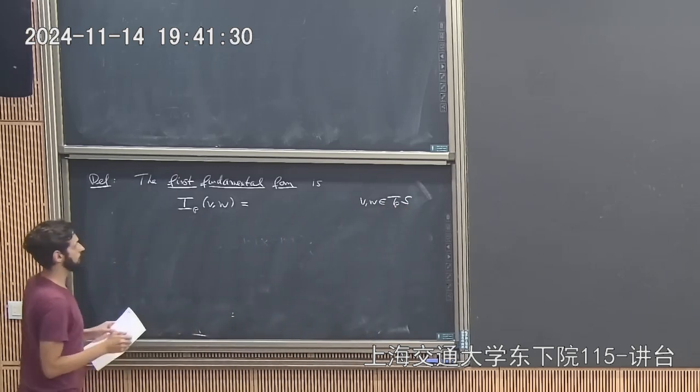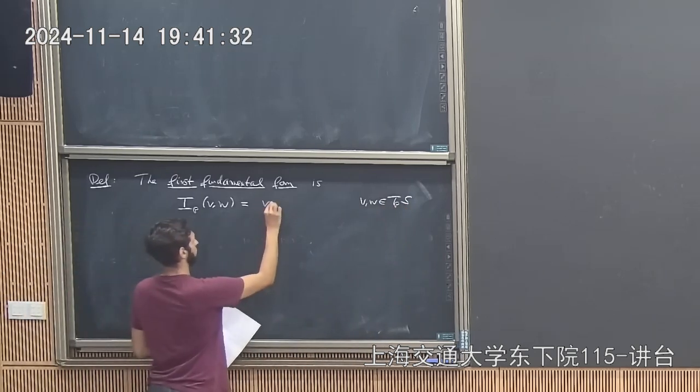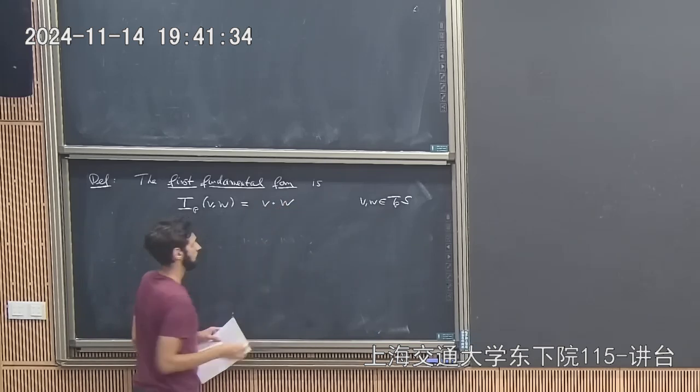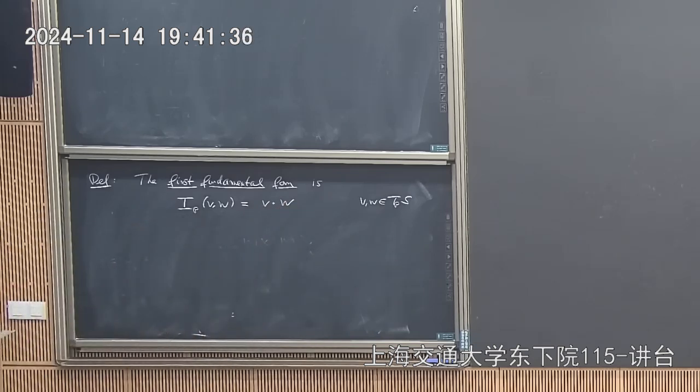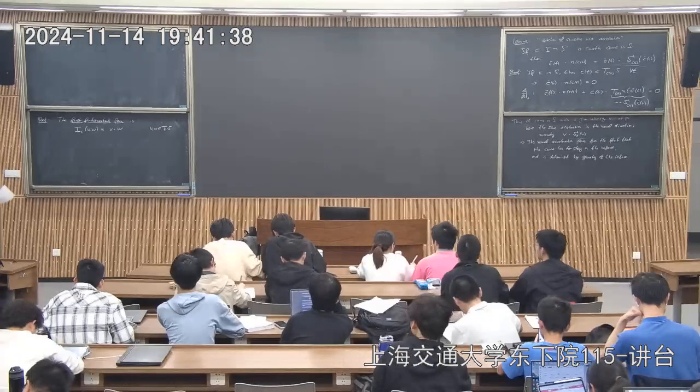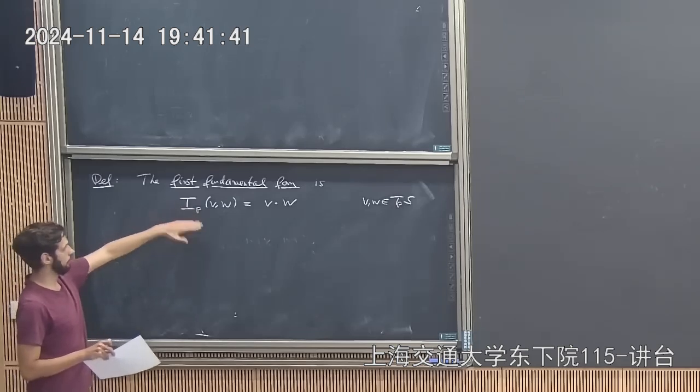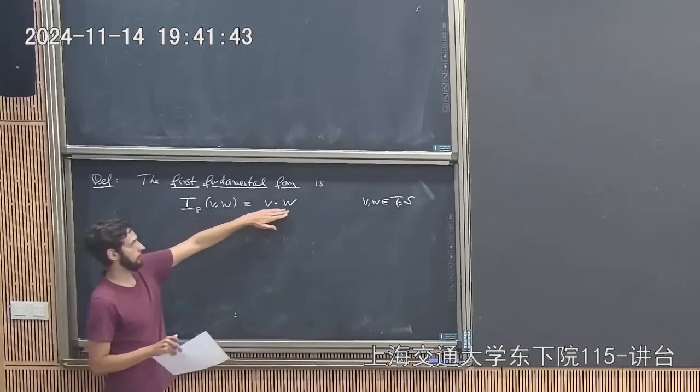And what we do is we just take the inner product of both of these vectors. So that's just a short notation for the inner product.